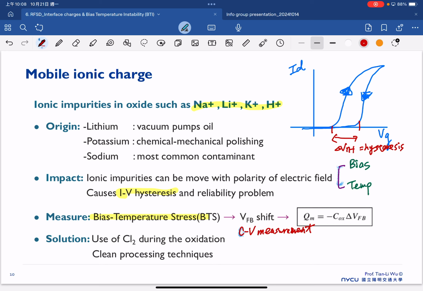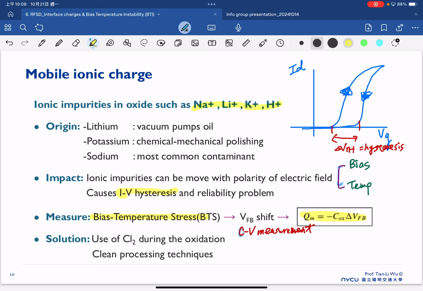Once we have the flat band voltage shift, we can estimate the mobile charges by taking the capacitance times the flat band voltage shift. That's a very basic approach to estimate the amount of mobile charges we have.